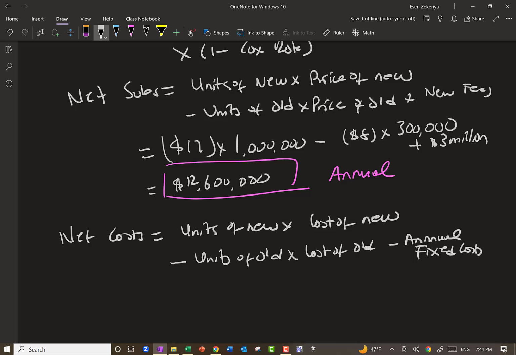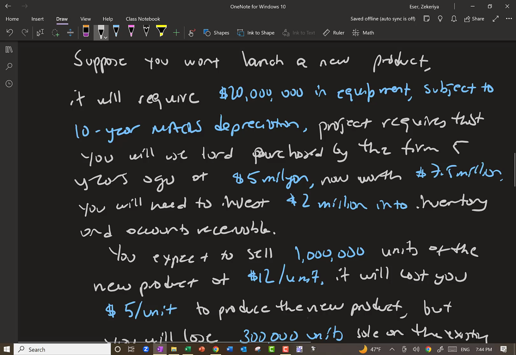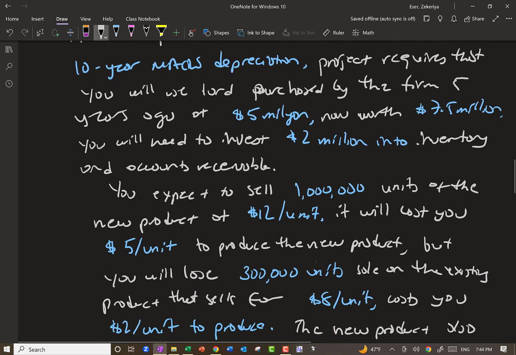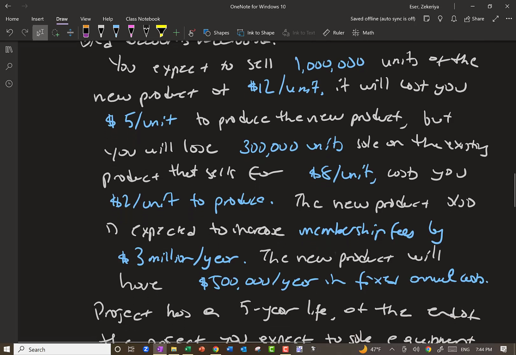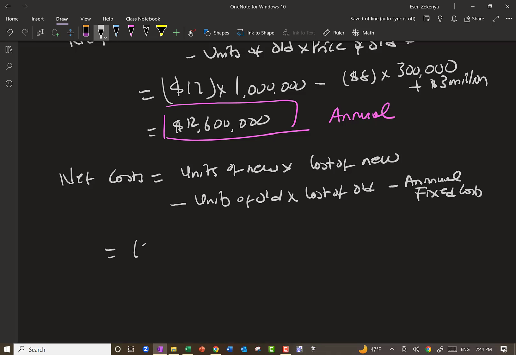Annual fixed costs. So how much did it cost to produce? $5, and the old unit was $2. But we also had $500,000 annual fixed costs. So that's 5 million minus 600, that's 1.1.